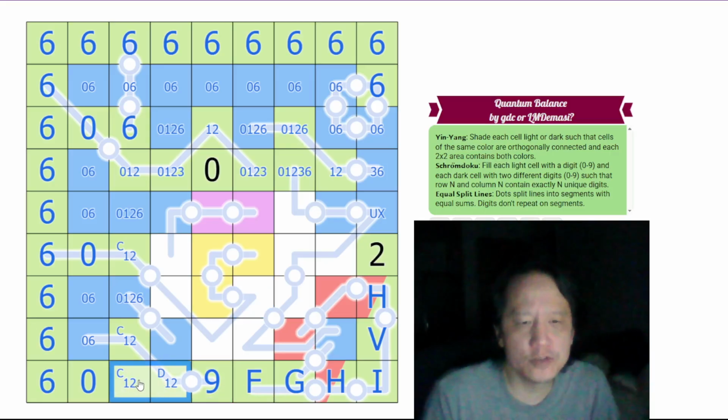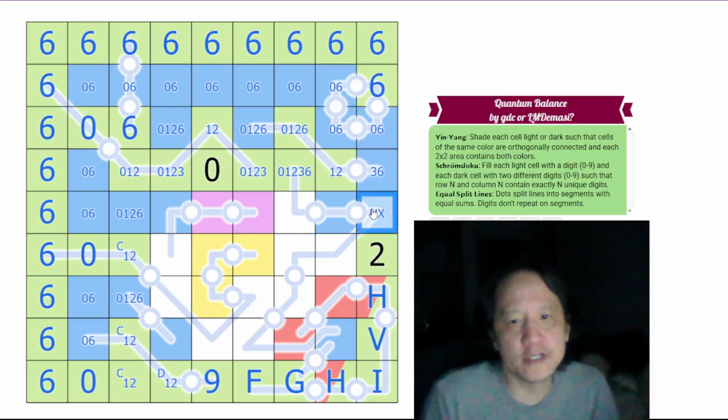We have a 1, 2 pair in row 9. That means the remaining digits are 3, 4, 5, 7, or 8. Interesting. And 2 must add up to one of them. So we have a guaranteed 3 and 6 here.